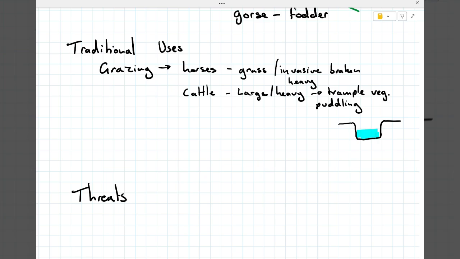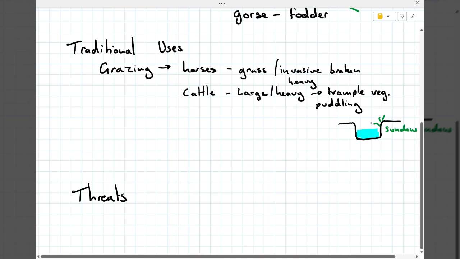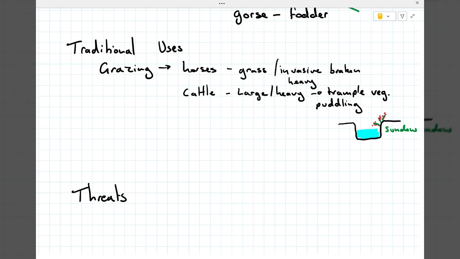And that's really useful because you get organisms like sundew, which is a carnivorous plant, living on just the edges of these trampled areas. So you get these special microclimates developing. And they also are really good at removing long, tough grass that other things don't really touch. So it helps manage all these things.